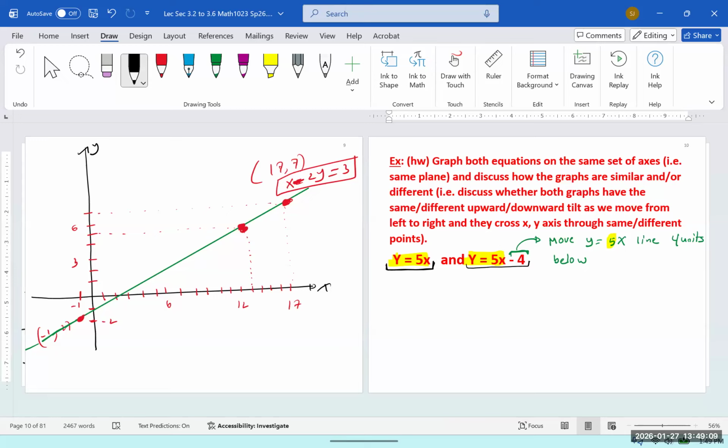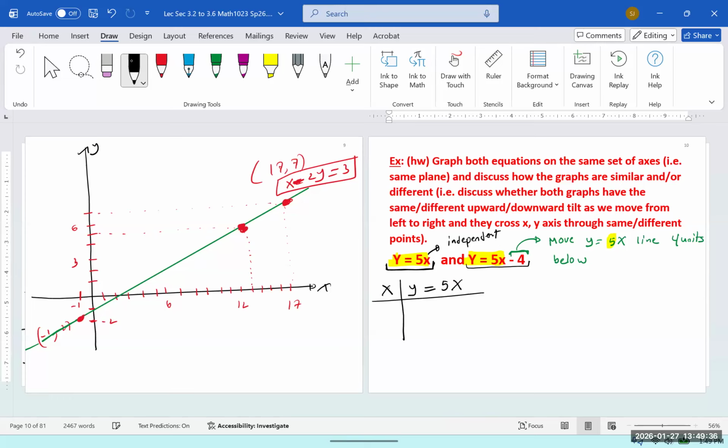Will tell us what's the next line. So here our x is independent, meaning we are going to pick a number for x. It means we're going to pick the x value ourselves, and then they will tell us what's the y value. So x and y. Whatever x we are going to pick, our y will be 5 times more than that.